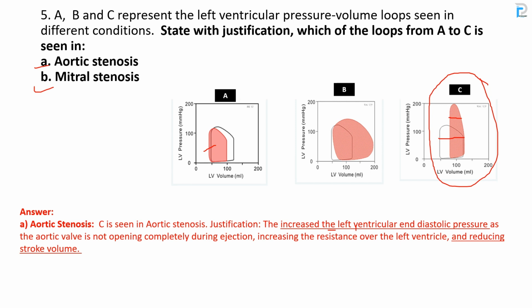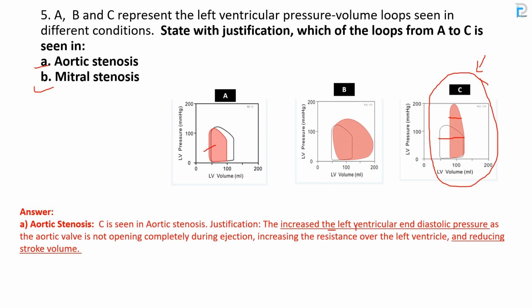We see there is a decrease in the volume pumped by the heart because of aortic stenosis. Of course, because there is high resistance, there is an increase in afterload, and increase in afterload decreases stroke volume. So that is the reason why option C is the correct option for aortic stenosis.